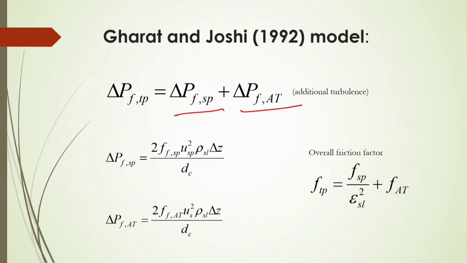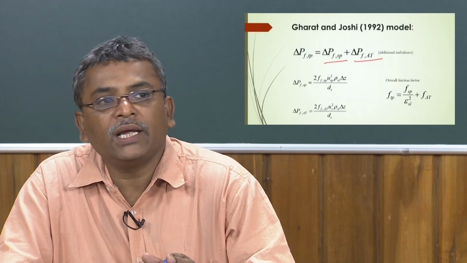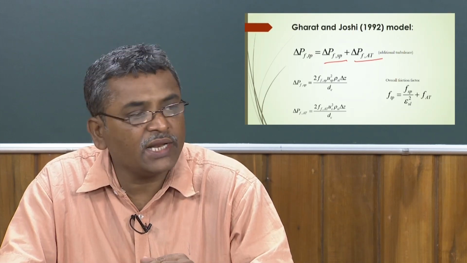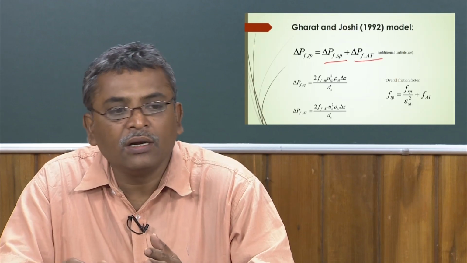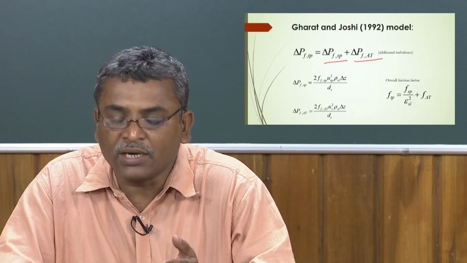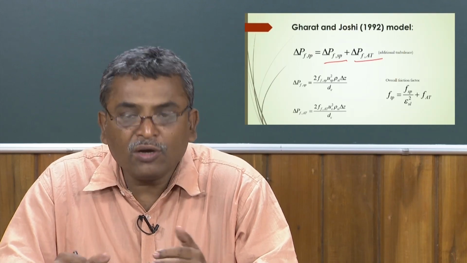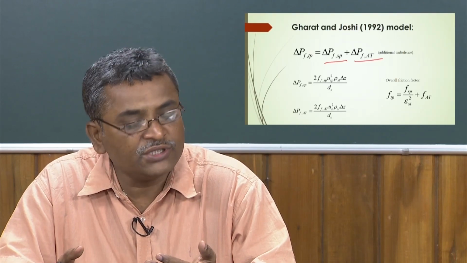If there is any bubble system, then of course the bubbles will enhance the turbulence. Even with some other provisions, if it is made in the fluidized bed, like intensification of the bed by providing other devices like baffles or other internal devices in the bed, then additional turbulence may be produced, because of which this frictional pressure drop will change.